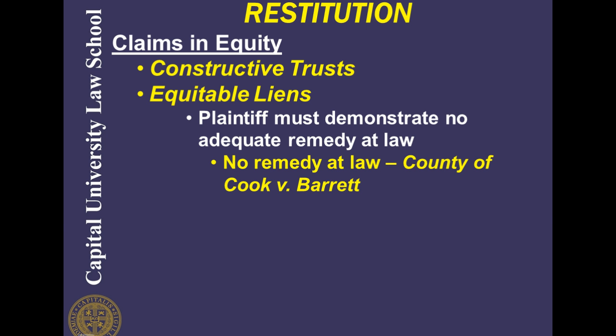And you see no remedy at law easily playing out in County of Cook versus Barrett. There was no action at law to bring against the county official who was taking bribes. The best action that the plaintiffs could come up with was a claim in restitution in equity that the county official, Barrett, who was obtaining the bribes, was unjustly enriched as a result, and in reality that money should go back to the county.